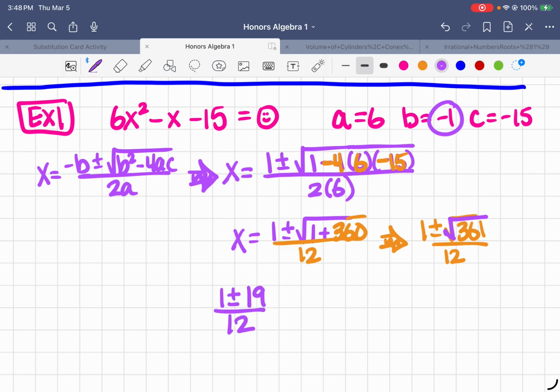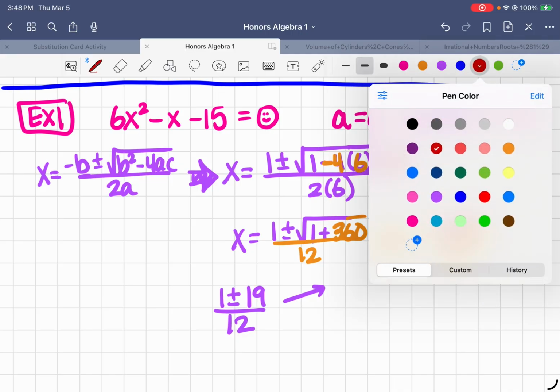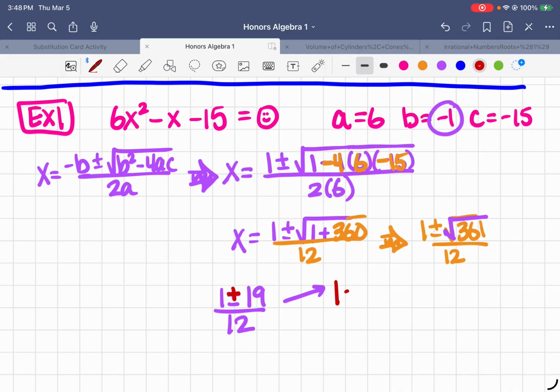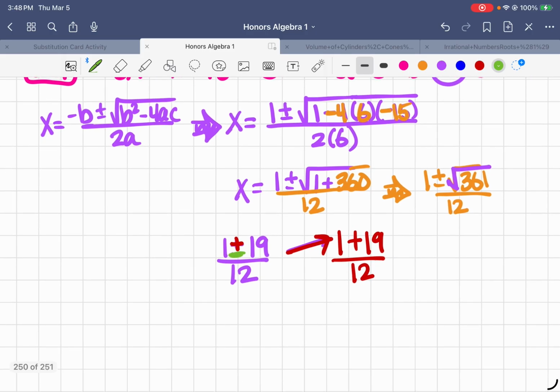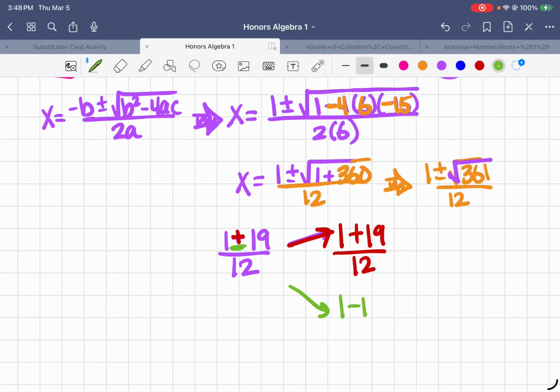So this is still 2 answers. I need to give the 2 answers. Here's where the 2 answers come from. One comes from the plus, so I get 1 plus 19 over 12. And the other one comes from the minus. So then we're going to figure out 1 minus 19 divided by 12. Okay, so this is 20 over 12, which is, let's see, 4 goes into both of those, right?